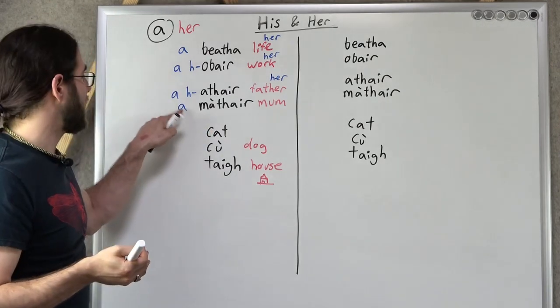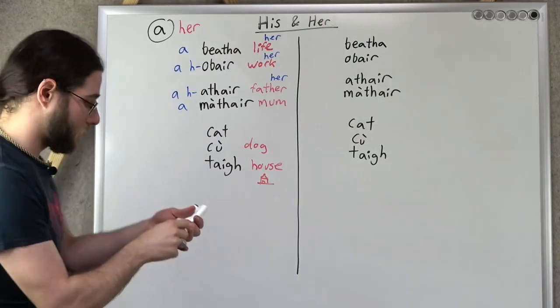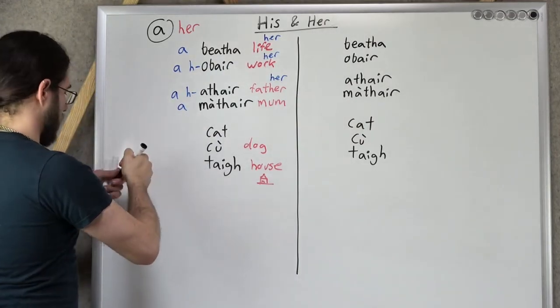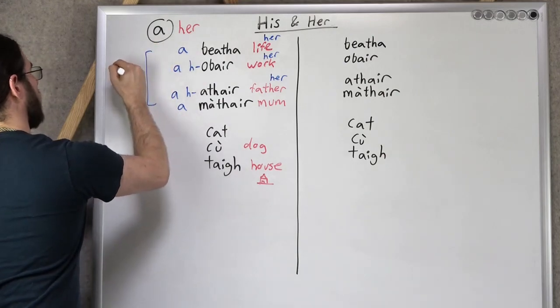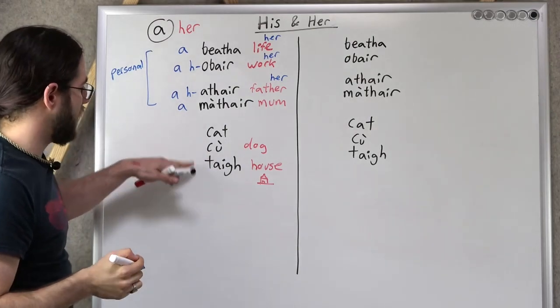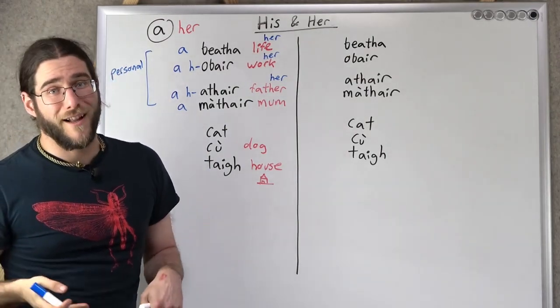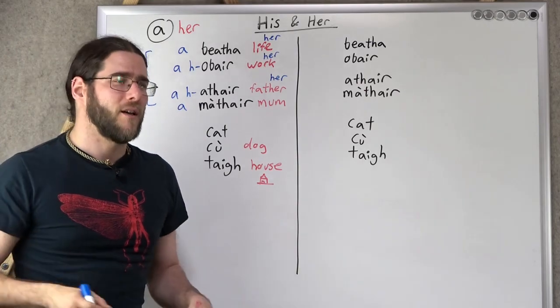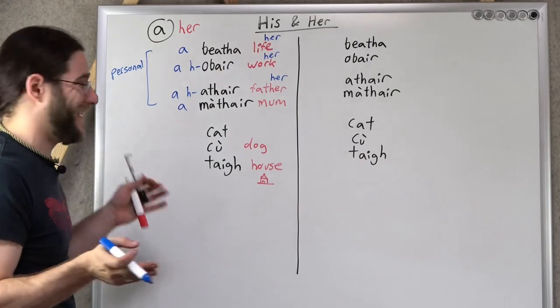Those would all use this a, because they're quite personal. However, cats, dogs, and houses, in the Gaelic mindset at least, are not that personal, or they're less personal, regardless of your relationship to your cat or your dog or your house.